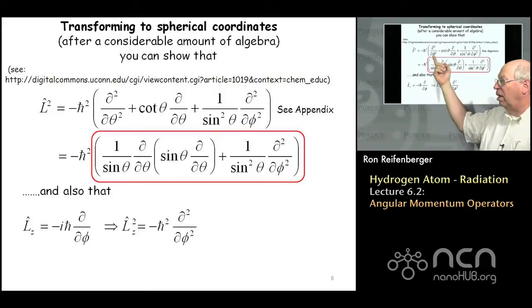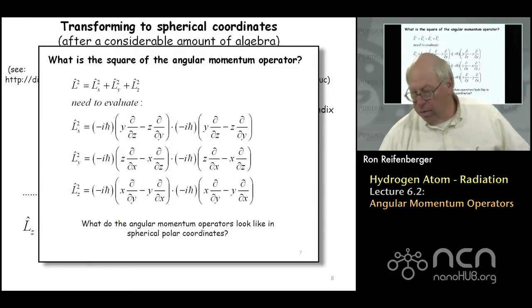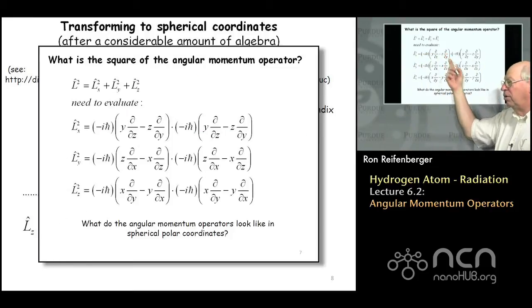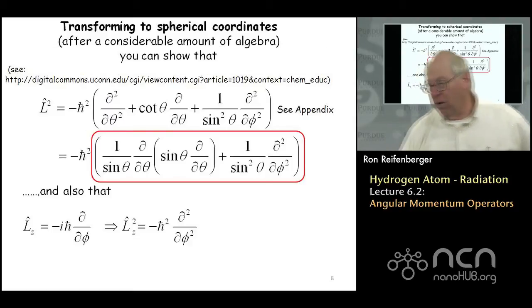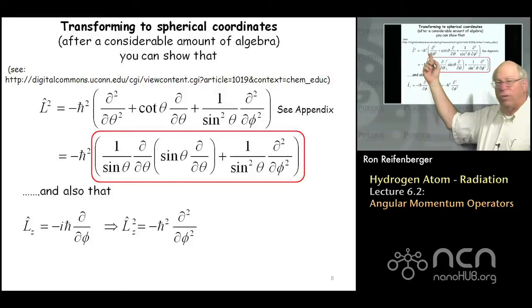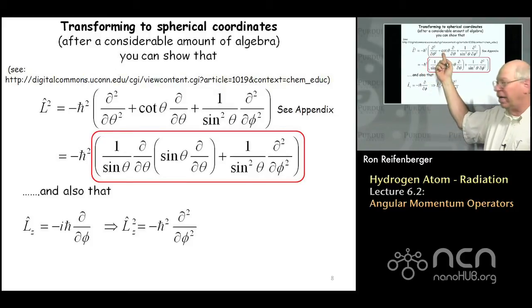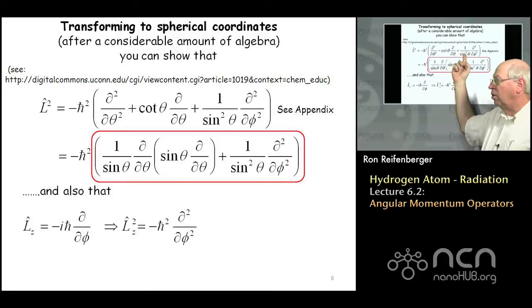This is what you get when you transform these equations from x, y, and z coordinates into r, theta, phi coordinates. You get this second partial derivative with respect to theta, you pick up a cotangent of theta times the first derivative, and then you get the 1 over sine squared theta times the second derivative with respect to phi.